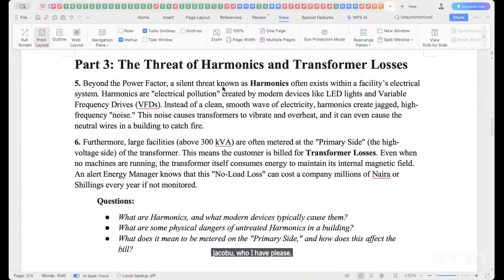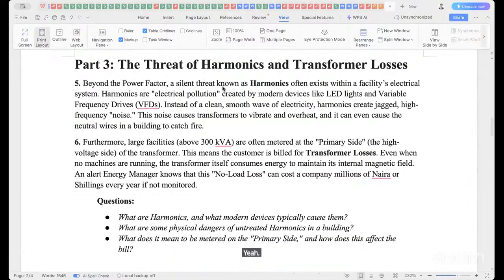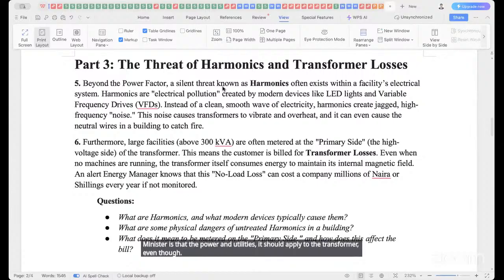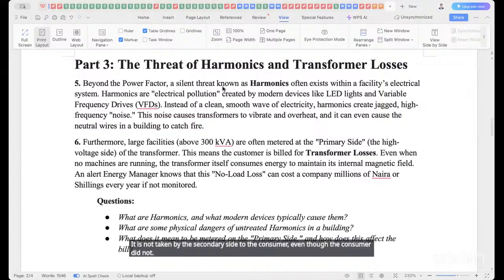Okay, sir. Good afternoon. I think what it means to meter by the primary side is that the power from the utilities is supplied to the transformer, even though it is not taken by the secondary side to the consumer, even though the consumer is not even using the power.